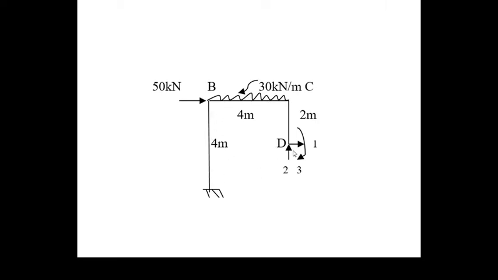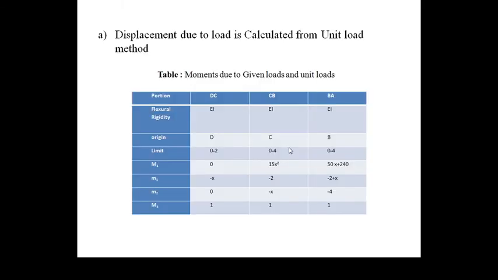Again at 3, we are applying the moment at D. We consider members AB, BC and CD, and calculate the moment at each member. Then displacement due to load is calculated from the unit load method.